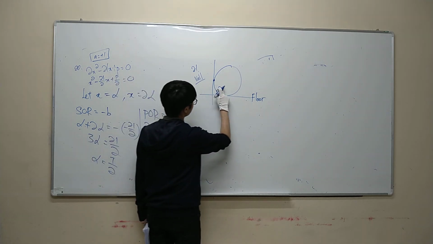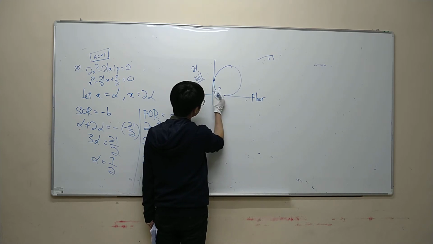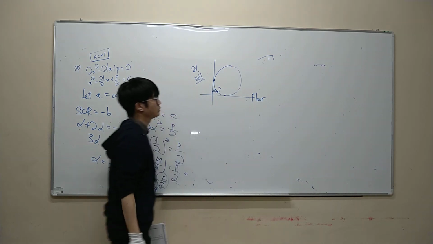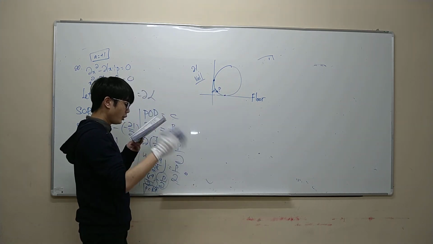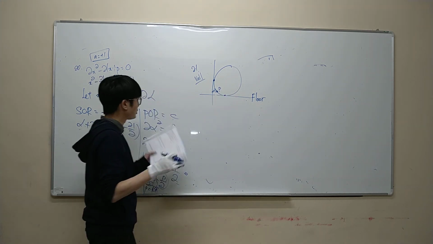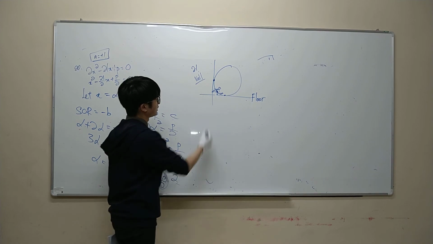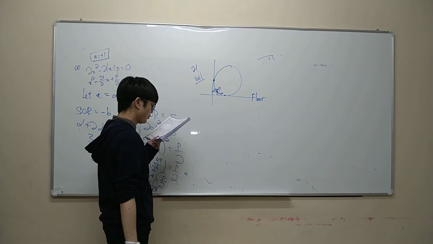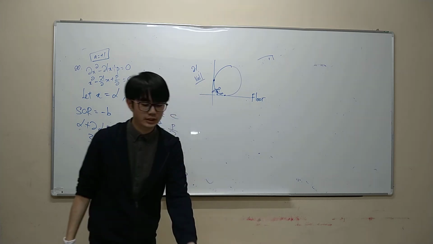Let me draw the P here. So the P here is 2 cm. And then point P from the floor is 1 cm, like this. This is 1 cm. This is 2 cm. And then find the value of the wheel radius.